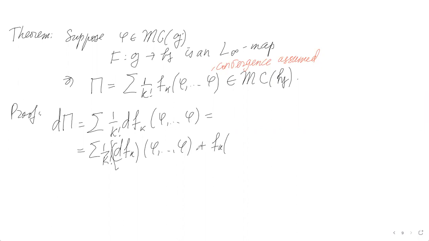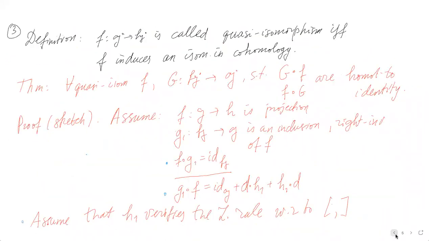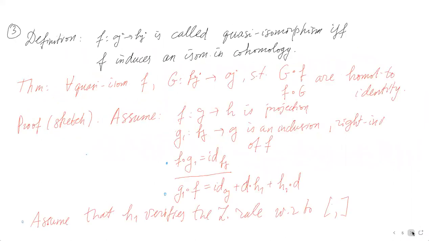So what you actually obtain is just k copies of the same element, f_k of d phi, comma phi, comma phi, comma phi, right? So that's the first term, and that's the second term. The first term is actually equal to the differential of f_k. And if we look at this definition here, we can now replace the differential of f_k by this composition. There will be two terms.